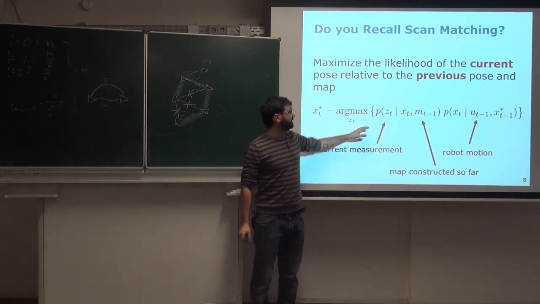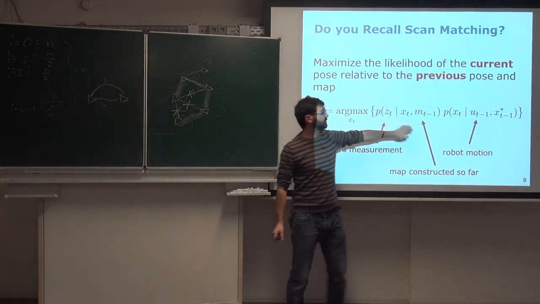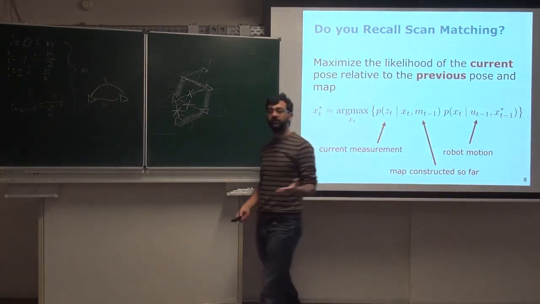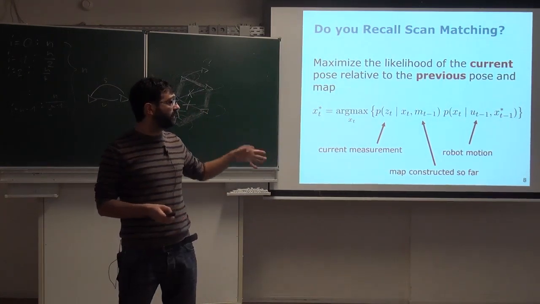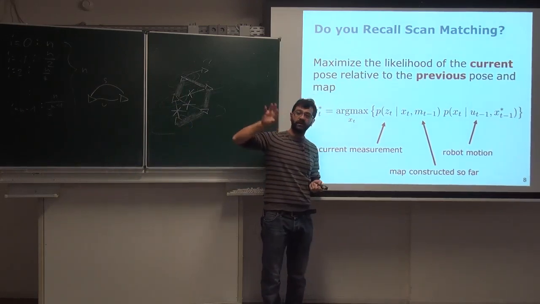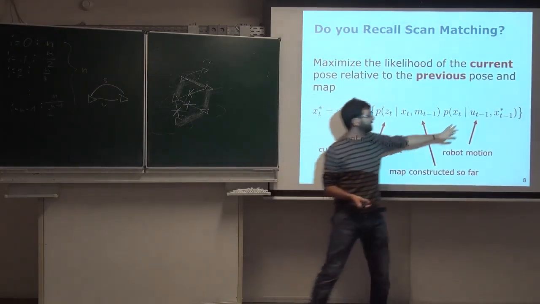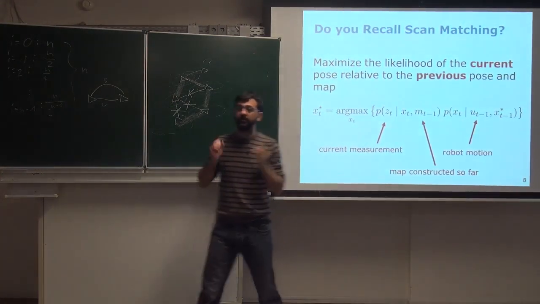Now, the idea here is that we want to find the pose that maximizes the likelihood and is also consistent with the odometry. No? So that was the idea of the scan matcher, and there are several ways of doing this. When we go to the full data association in the loop closing part, we normally do not really have this odometry, so we just assume that the robot stays still.